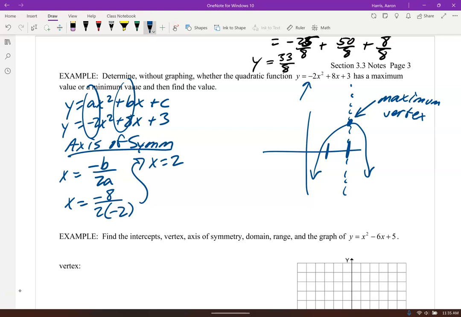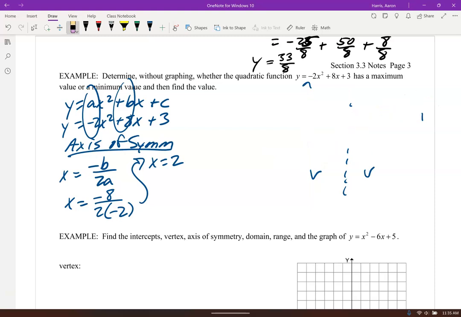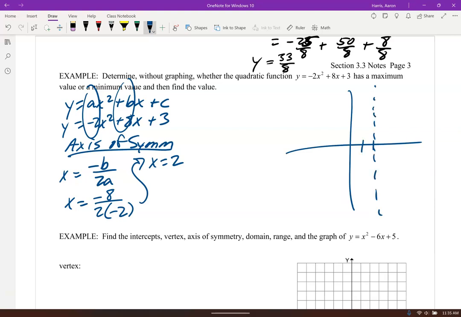So let's pretend I drew this correctly as positive 2 right there. Let me do this one more time. So now I know the axis of symmetry is right here, positive 2. I don't know what the exact parabola looks like or where it's at, but let's say it's up here and we know it opens down, right?